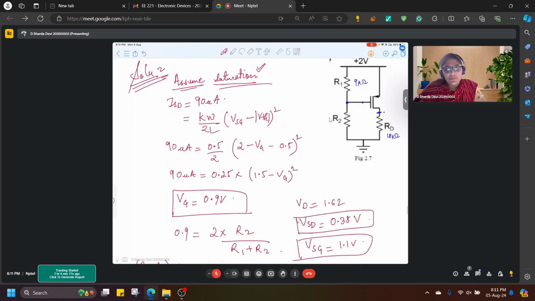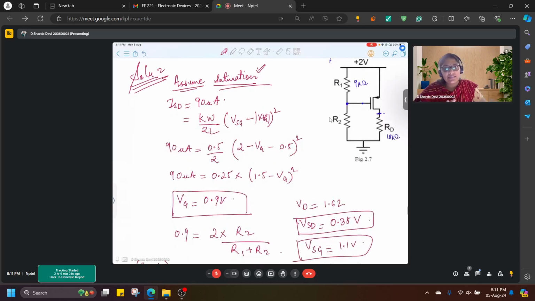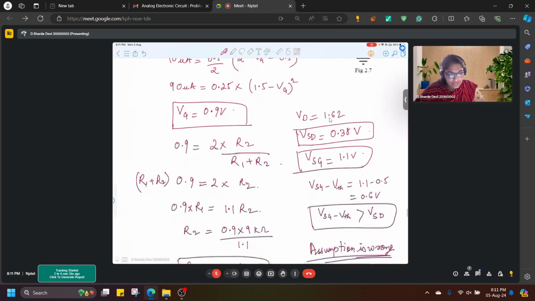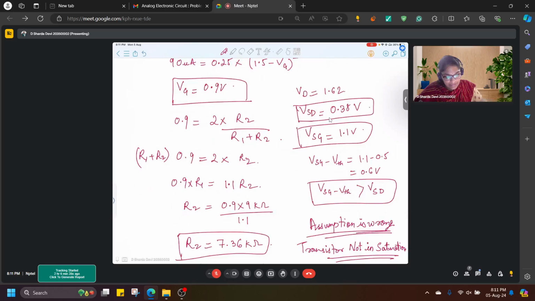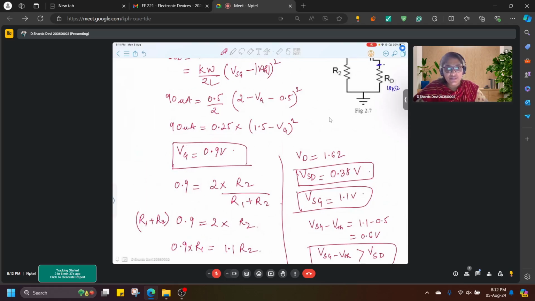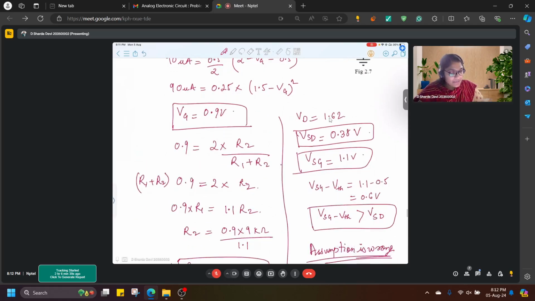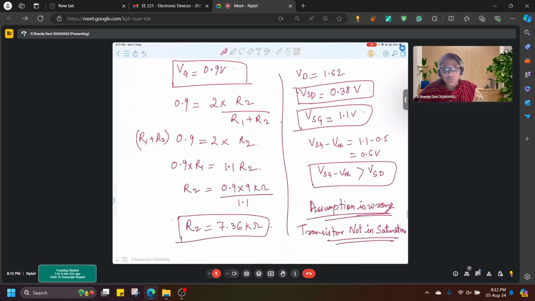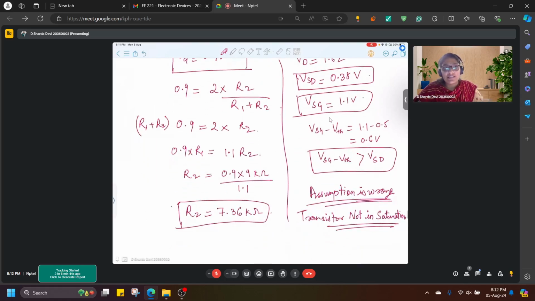But the second method in which we are solving this is we have assumed the transistor, let's say, is in saturation at first. We tried to solve it and got the result R2. But then the question is, is this even correct? We have assumed the transistor to be in saturation, so is the transistor coming in saturation? The answer is no. We are getting it from this particular formula.